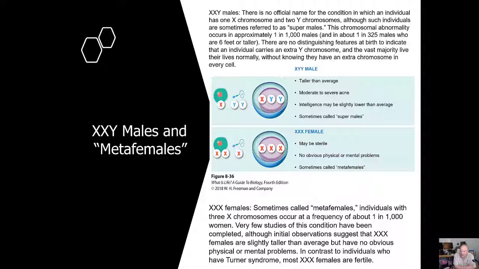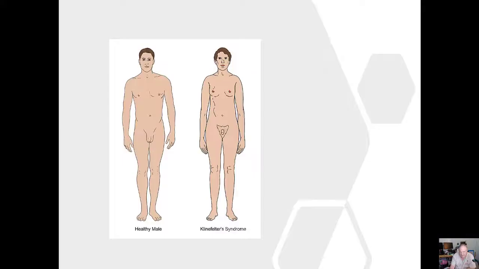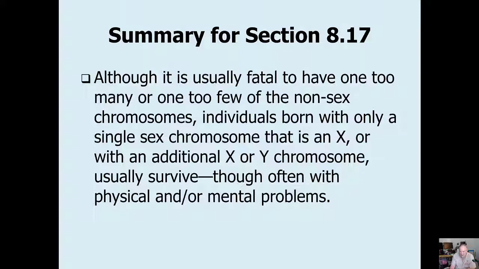It does occur 1 in 1,000 sometimes. The other is the super females, it's about 1 in 1,000, and we just don't hear much about it, but it does cause some changes. Here's the Klinefelters and some of the others, but it's fatal to have too many or too few of the sex chromosomes.